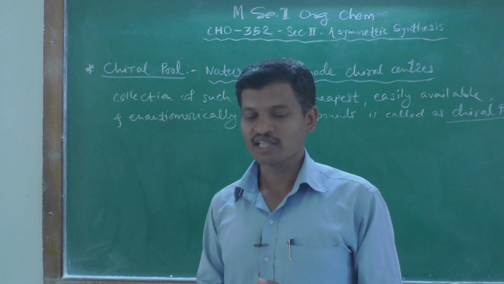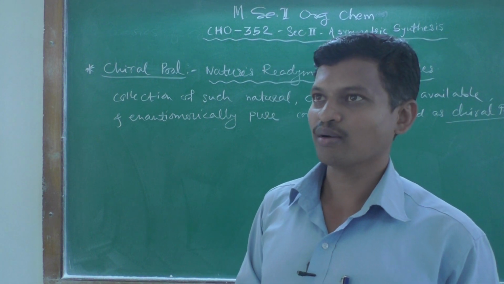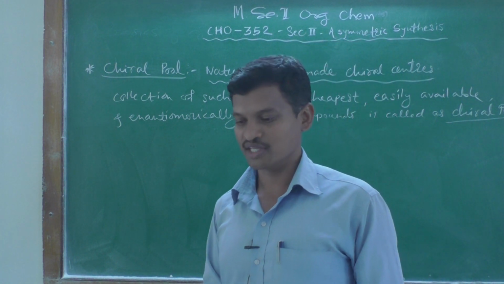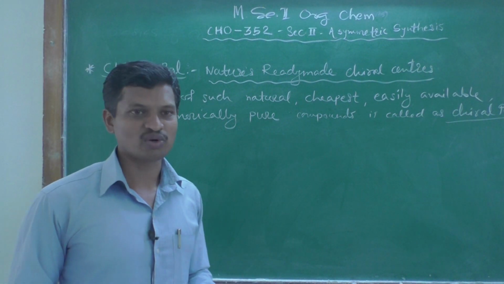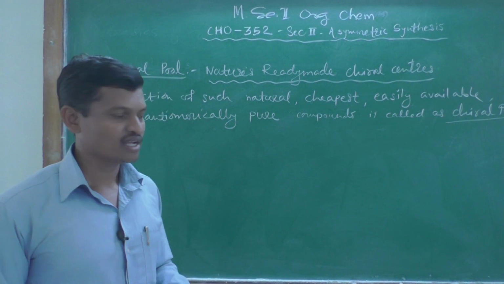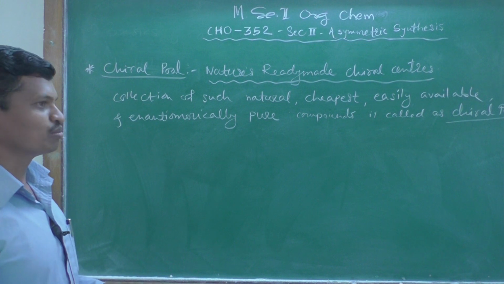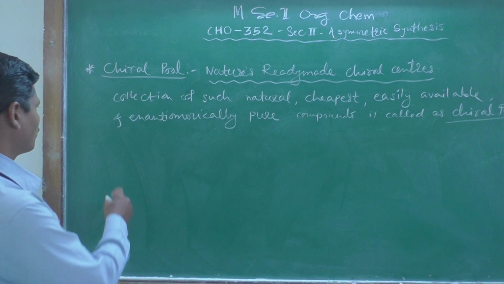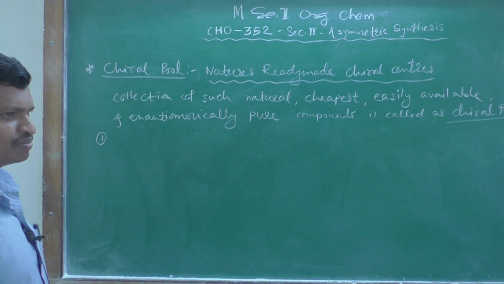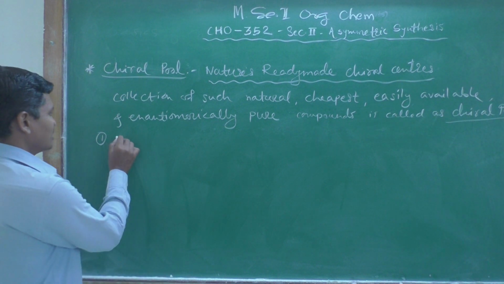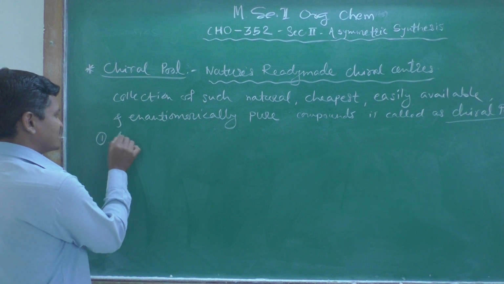Okay, so there is no chance of formation of the unwanted enantiomer in that reaction. Okay, so such a strategy is called asymmetric synthesis. Now there are a number of examples of chiral pool. Okay, so first of all we will see the two main examples or two basic examples of the chiral pool, and these are amino acids.